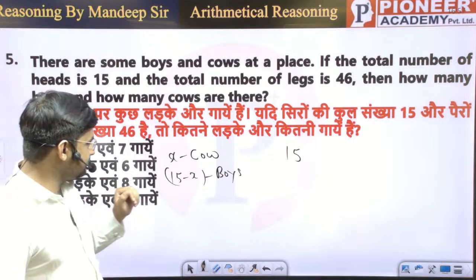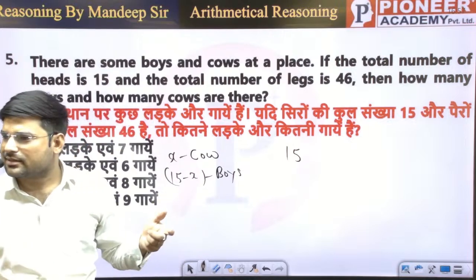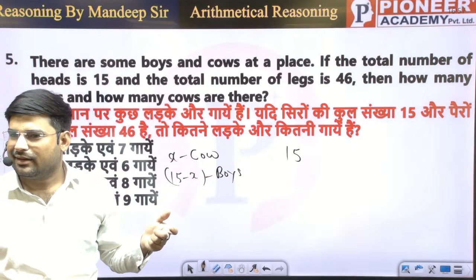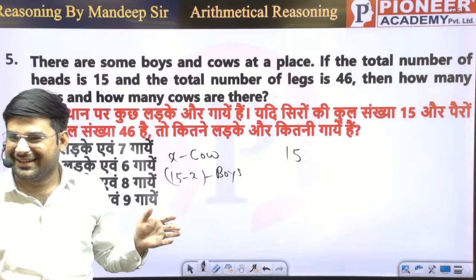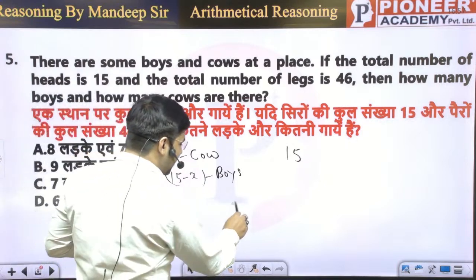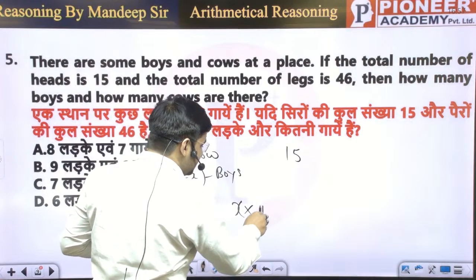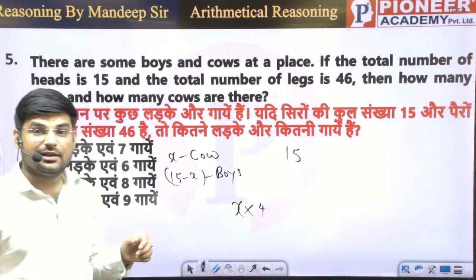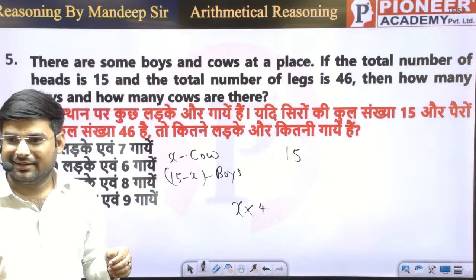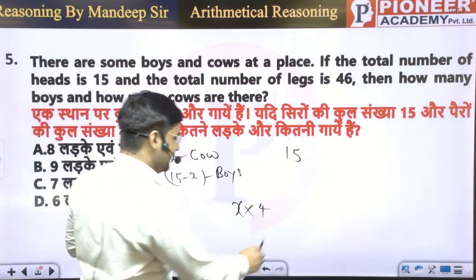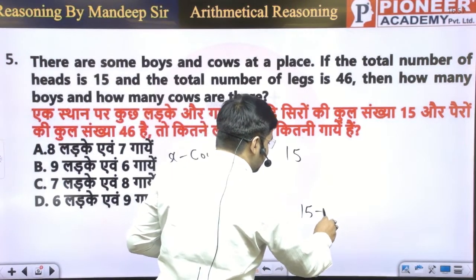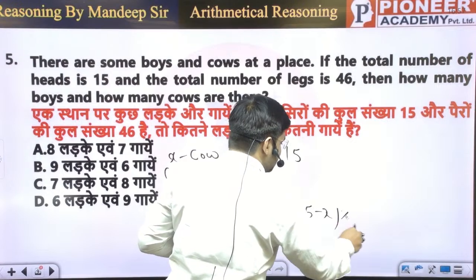And a cow has 4 legs, and boys have 2 legs.